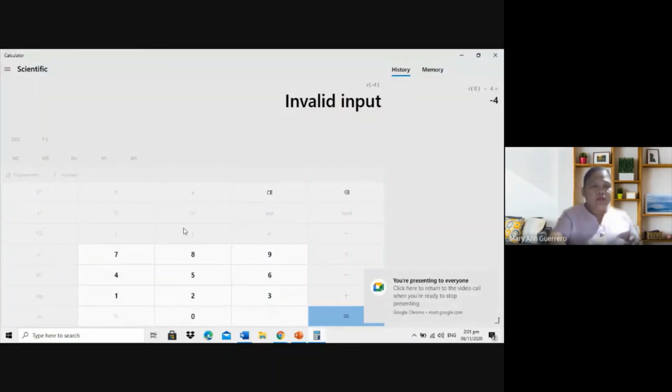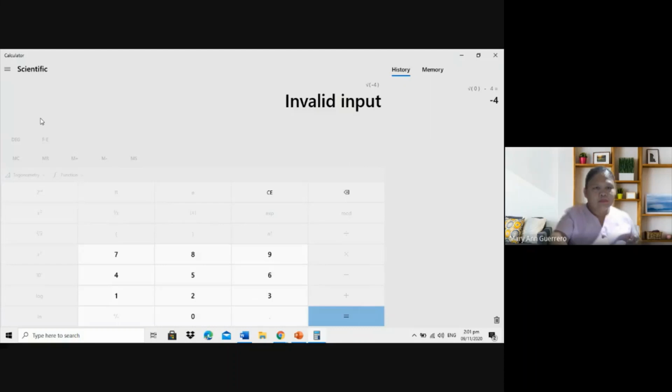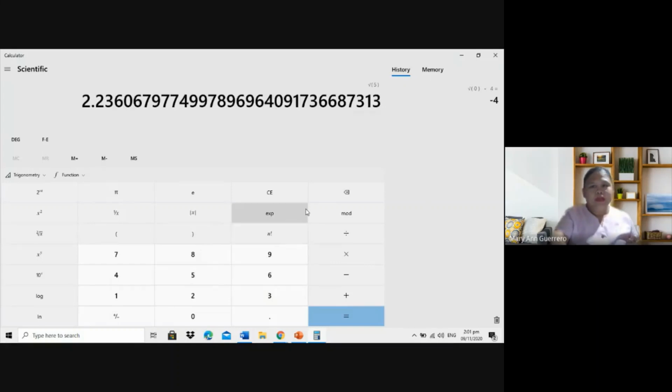Square root of 5. Ayan, 2.232340, etc. So, ayan, no?